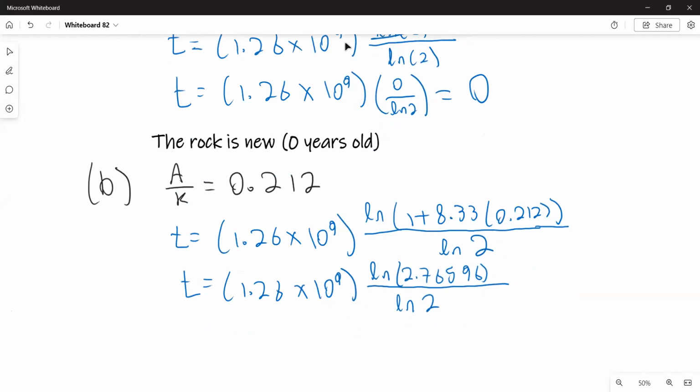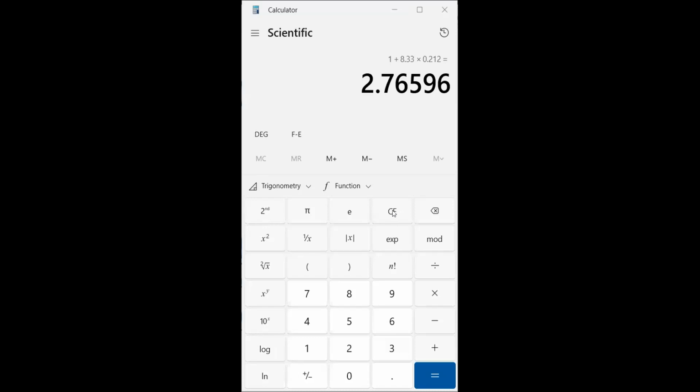So T, let's see what is T. We're going to approximate this to 2 decimals. Chances are that we're going to get an answer in scientific notation, but it's 1.26 times 10 to the 9th times the natural logarithm of 2.76596 divided by the natural logarithm of 2.